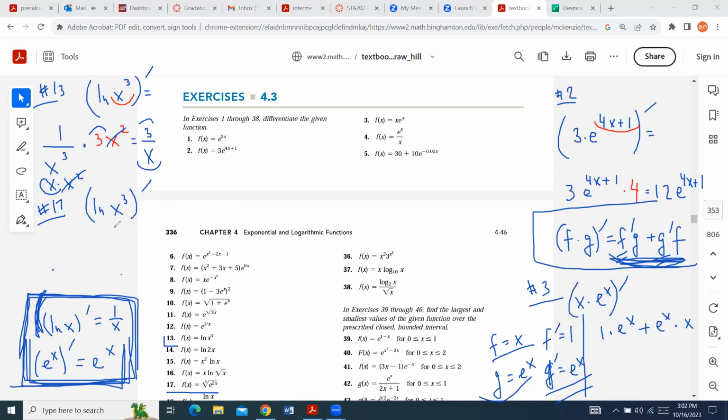So looks like I need to flip, right? Put 1 over x cubed. That's the first step. You say, why did you flip it? Well, here is the formula. That's a new formula. That's something that we need to look at. See, that's new information. Whenever you have a ln and take the derivative, whatever is inside the ln, you put in the denominator.